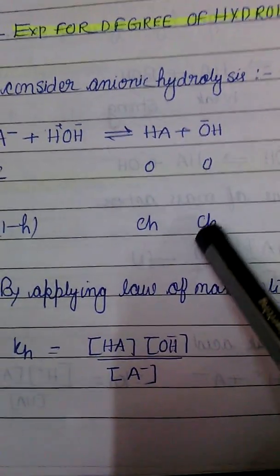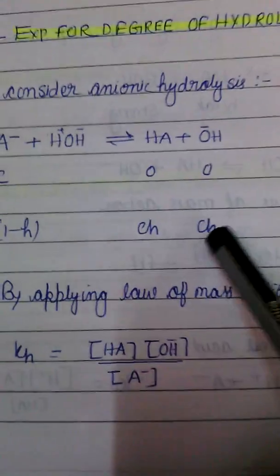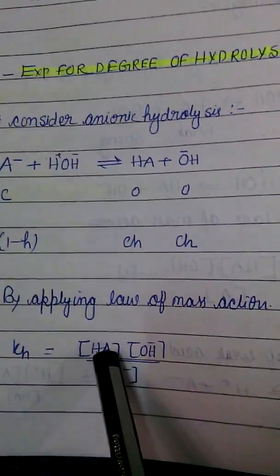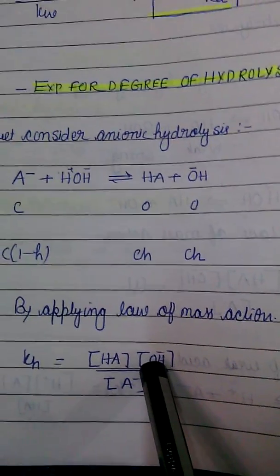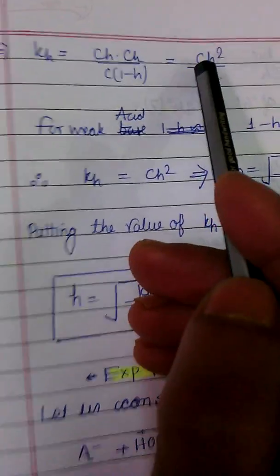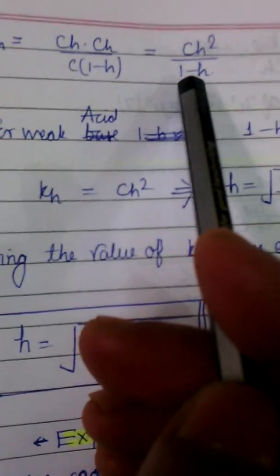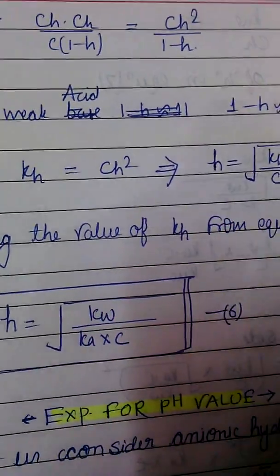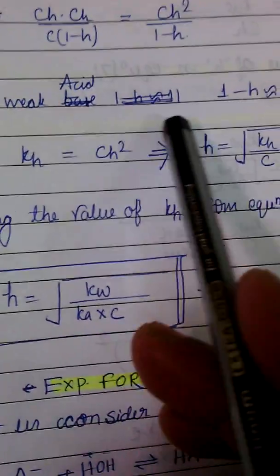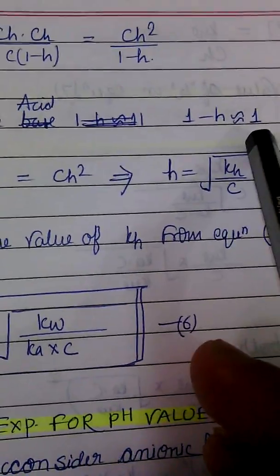Putting all these values, the concentration of HA, OH- and A-, we get Kh is equal to Ch square divided by 1 minus h. Now for weak acid, 1 minus h approaches unity.